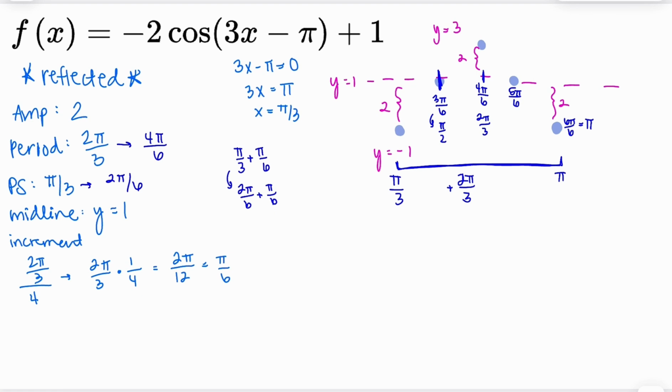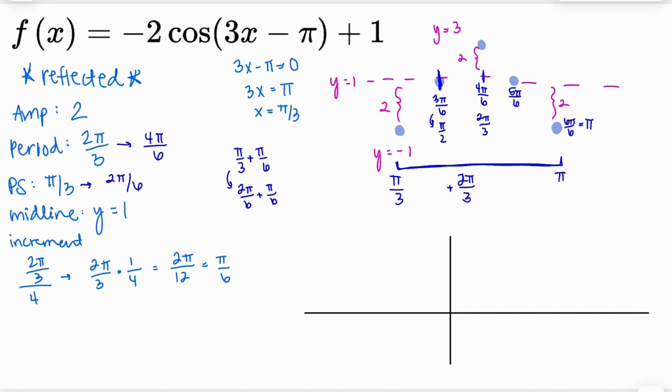I have my 5 starting points. And from there, I would just repeat the pattern. So again, our graph is going to look the same. The graphs are all going to kind of look the same, which is why it's really going to depend on how you label it.